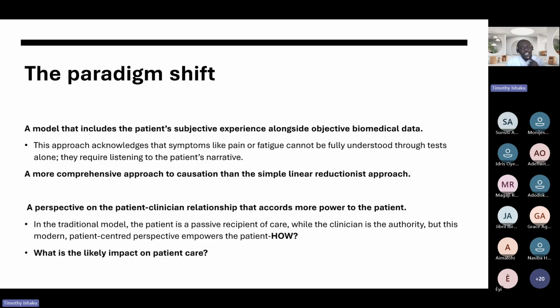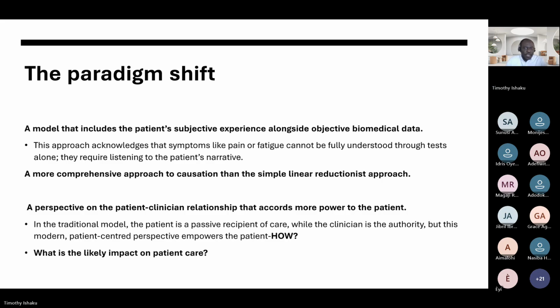So we said that the biomedical model is quite simplistic in its approach. It's linear and it's reductionist, a narrowed lens, A to B, and that's it. And the linear model assumes that disease has a singular biological cause. That's what causes disease.